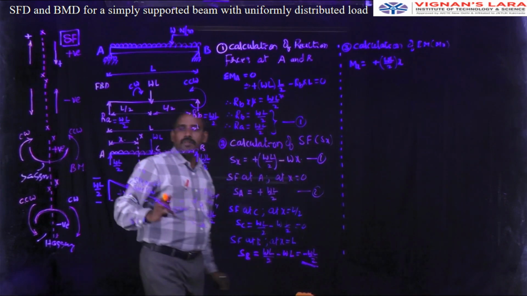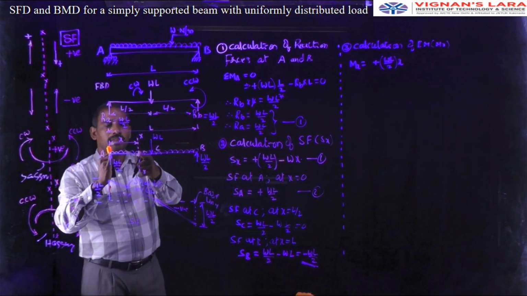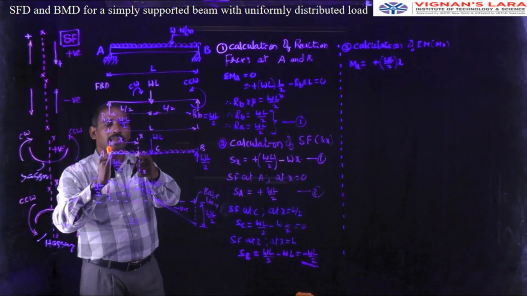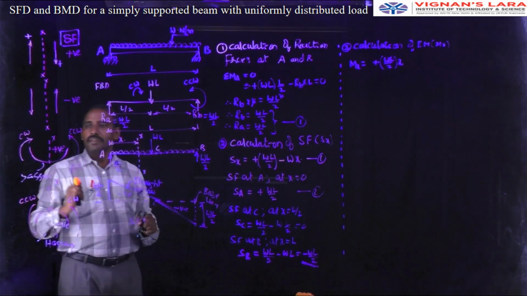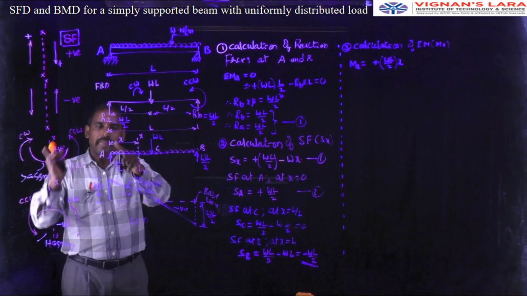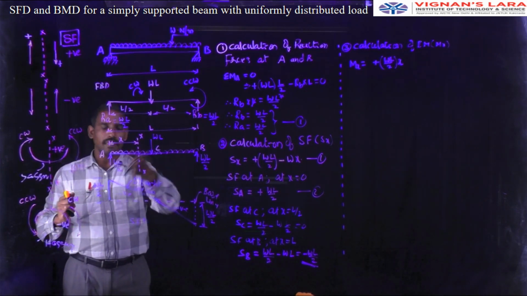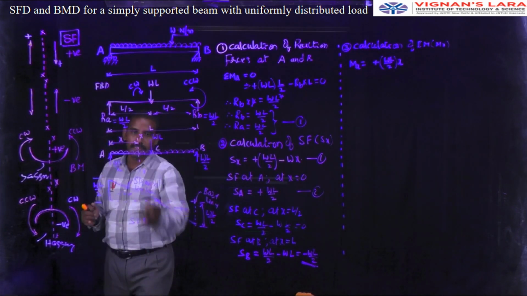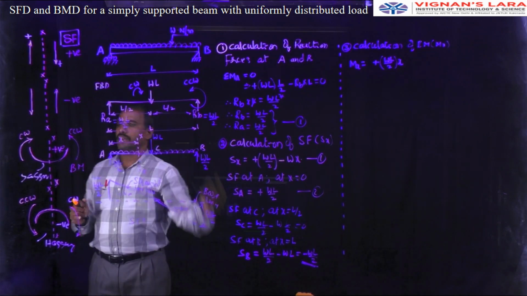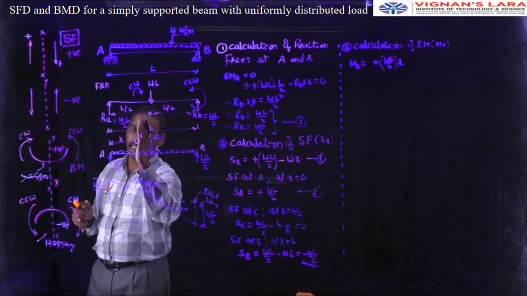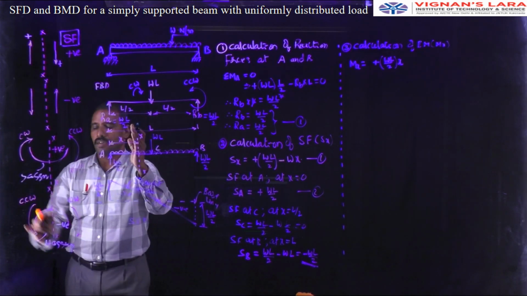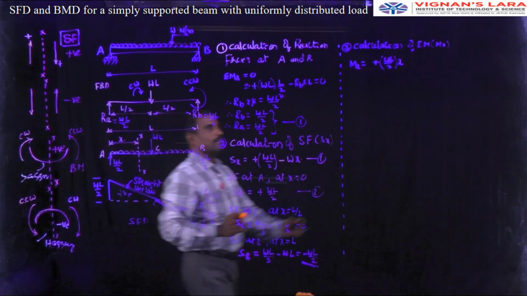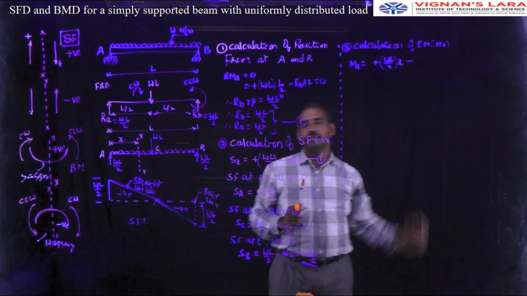What about the moment produced by the uniformly distributed load over a distance x, that is again left to the section? It produces the counterclockwise moment with respect to x, keep it in mind, so it must be taken as minus.